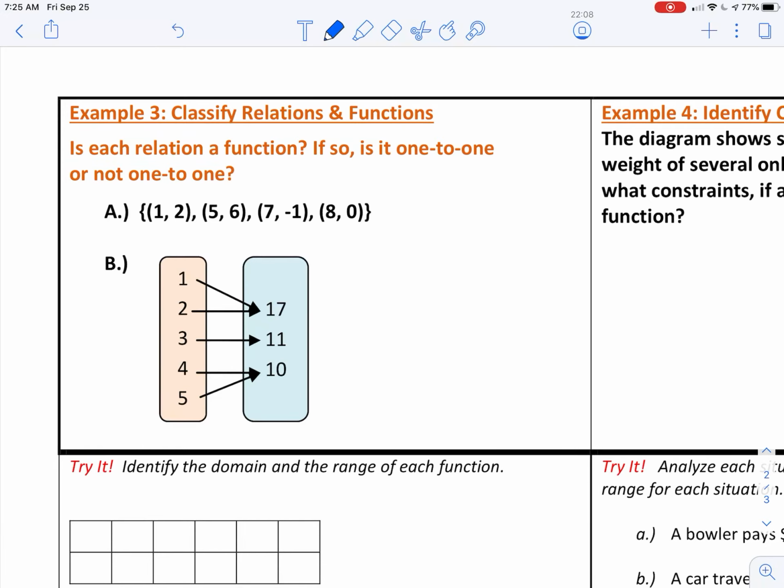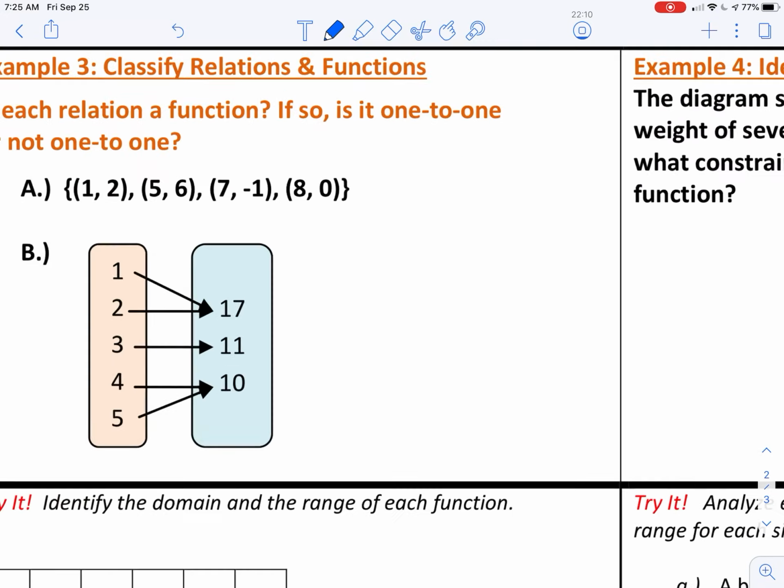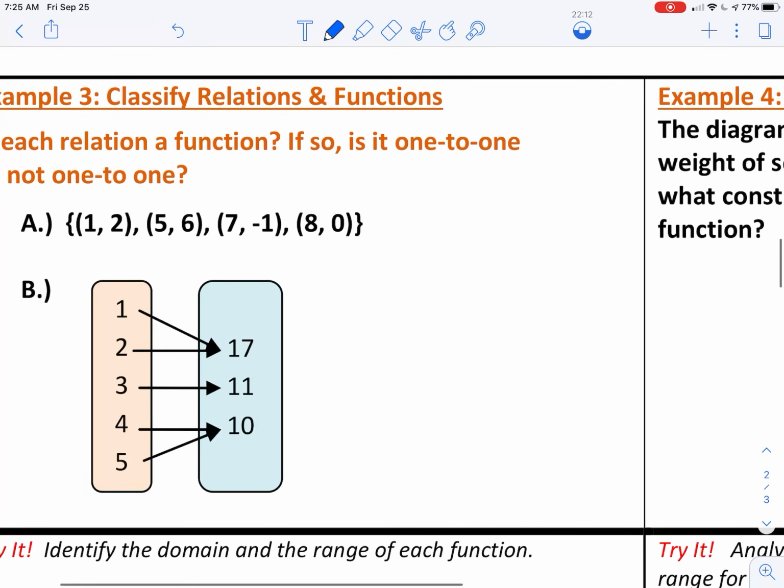Well, let's look at that. What we can do is write out a little mapping diagram, which you see in letter B. It gives you a little better illustration of how to match up those pairs of numbers. So off to the right here, go ahead and write with me.